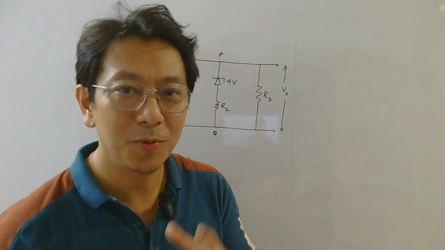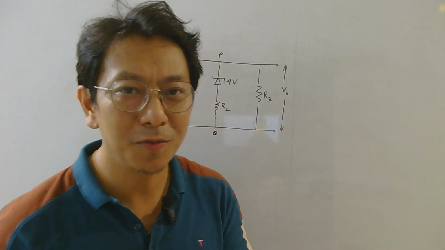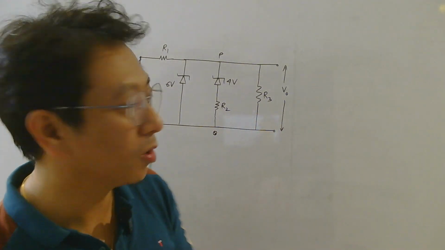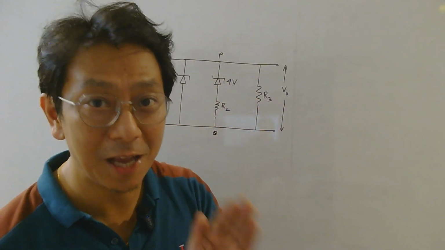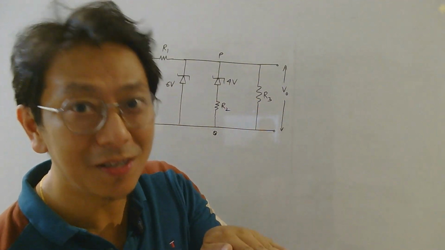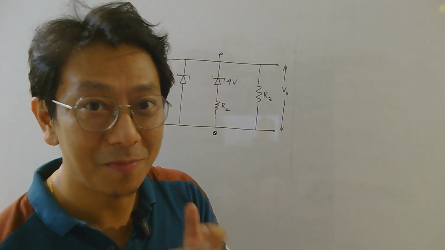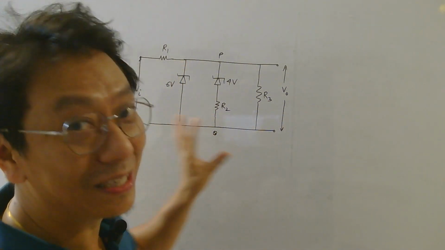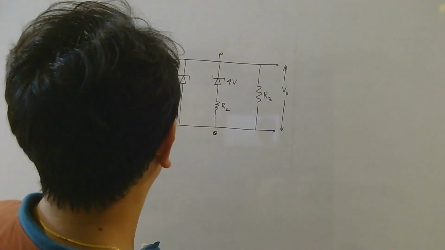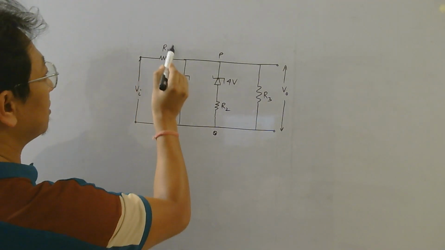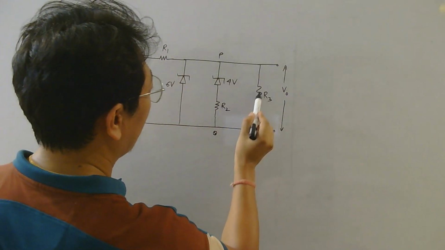Now, if you are happy with the answer given, then it's okay. But if you really want to know why the slope of the output voltage versus time graph decreases when this diode is on, if you really want to see mathematically, then let us do the details of this problem. For simplicity, I've assumed these resistances as R1, R2 and R3.